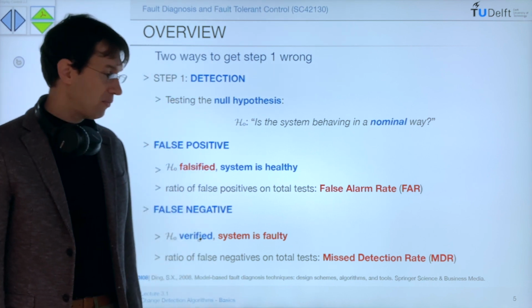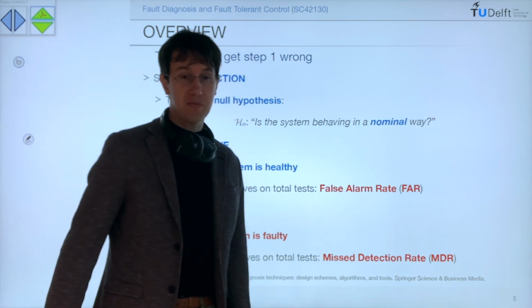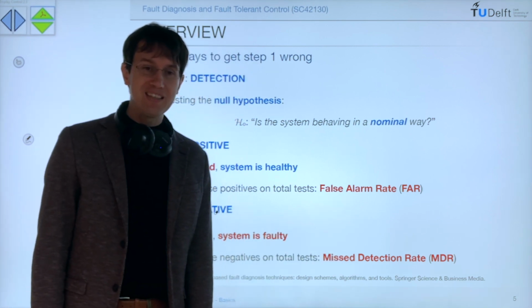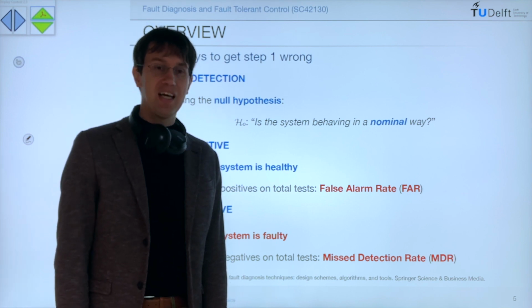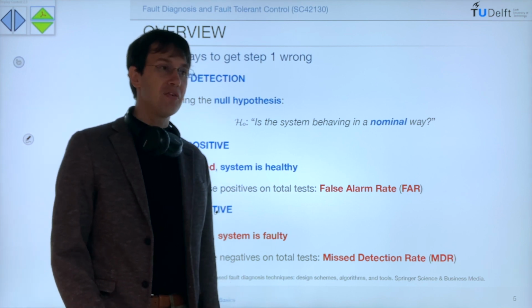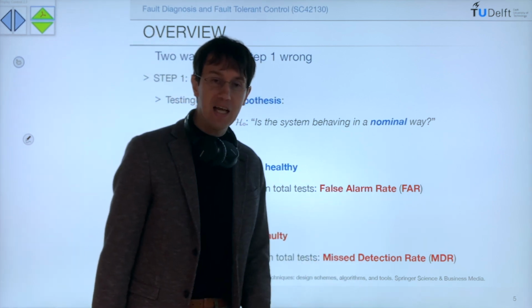You may ask, why don't we get a perfect detector where both the misdetection rate and the false alarm rate are 0? Well, the reality is that it is impossible. As we are going to see later, there are good reasons why if you try to decrease one, you increase the other, and the other way around.